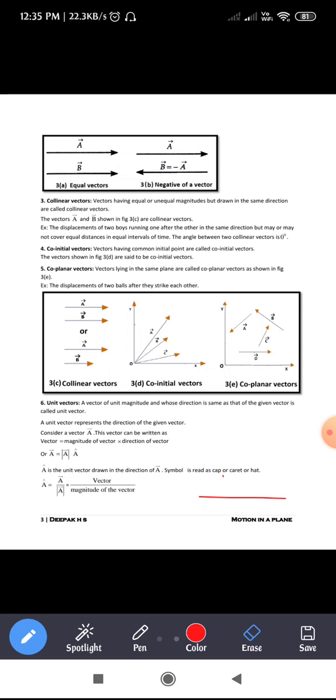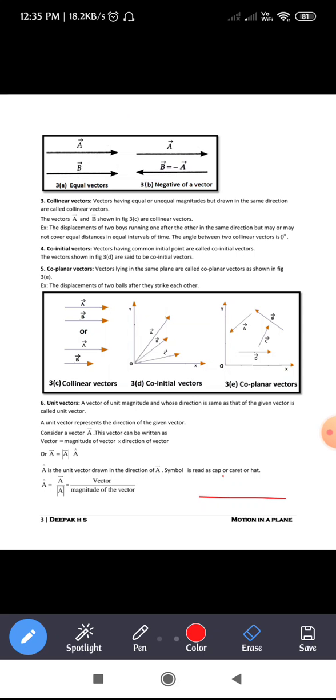That is an example for collinear vectors. In the case of collinear vectors, all the vectors should be directed in the same direction. We are not worried about the magnitude here, and the angle between two collinear vectors is always 0 degree since they are directed in the same direction.